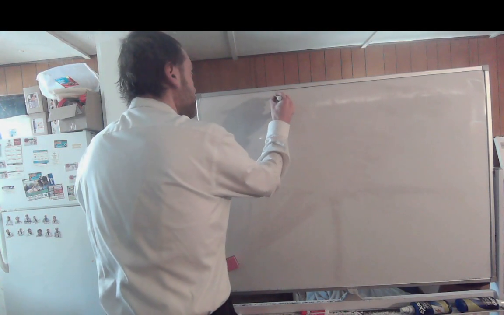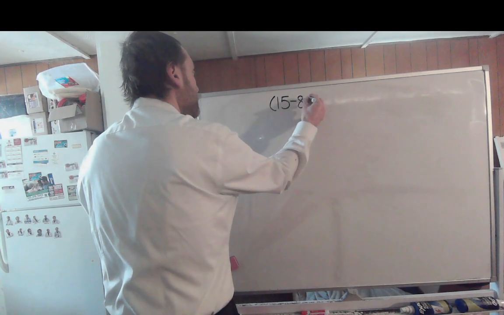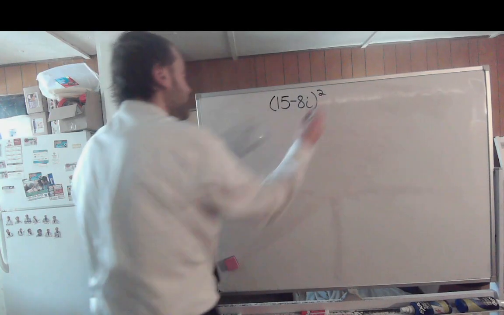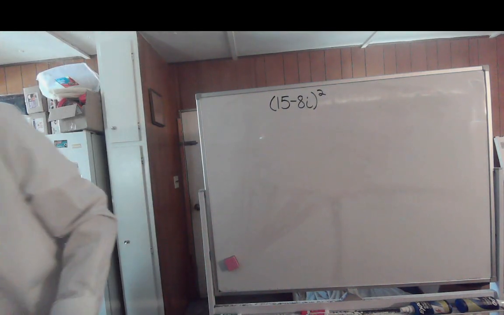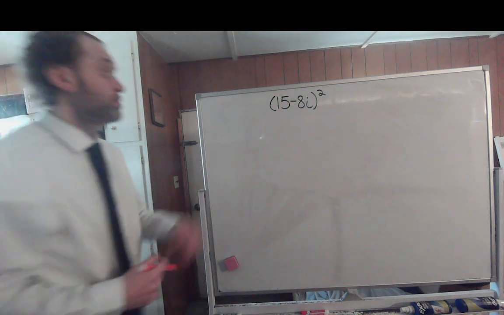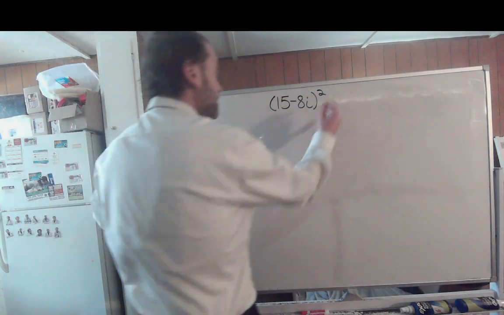All right, one more. We have the quantity of 15 minus 8i raised to the second power. So we have 15 minus 8i, that quantity raised to the second power.